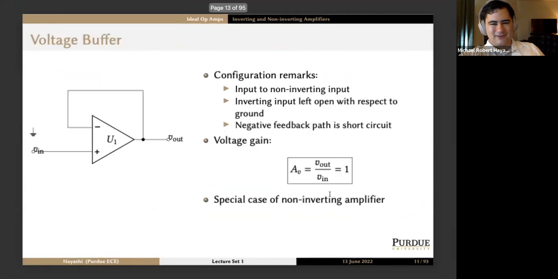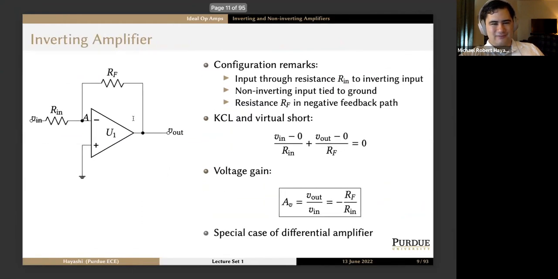Do you assume that Vout has a higher potential than Va? I'm just assuming that the current is going into Va. So I will say that (Vin minus Va) over Rn is the current going into A from the Vn side, and then (Vout minus Va) over Rf is the current coming into Va from the Vout side.